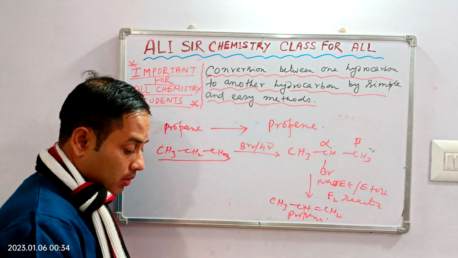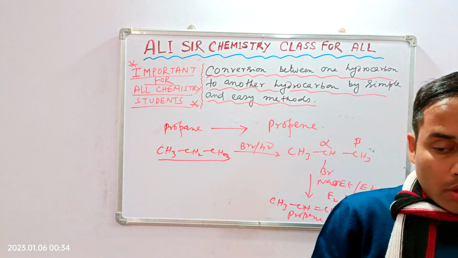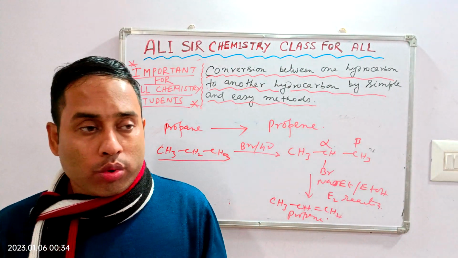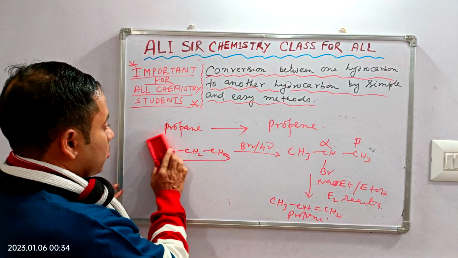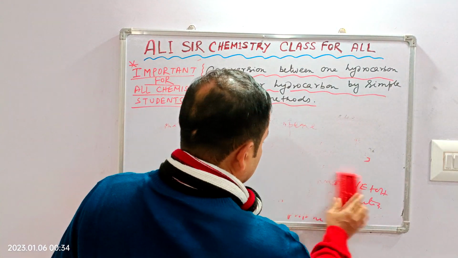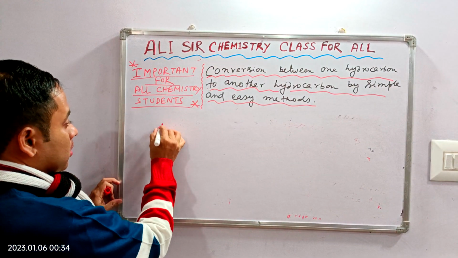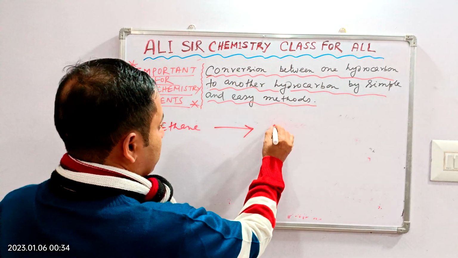Now the question is, if the number of carbon atoms is increased, say for example, you have to convert ethane to propene. Ethane to propene. So what will you do if the number of carbon atoms increases? Say for example, ethane to propene.